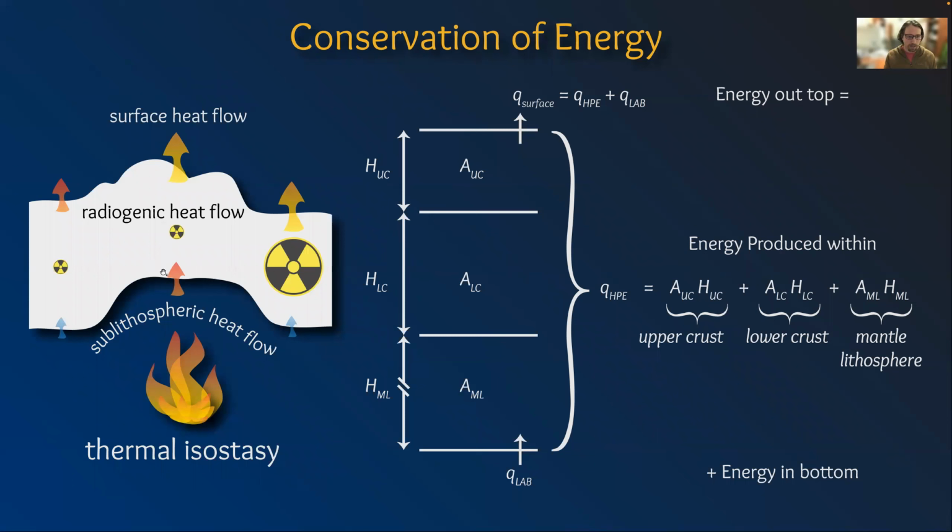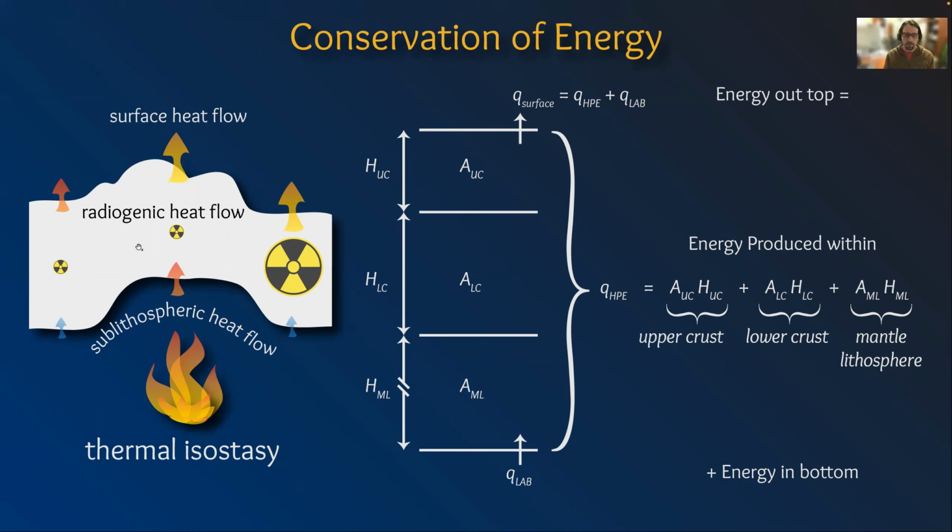Now, depending on whether you have high or low radiogenic heat flow, you can change the surface heat flow, but you can also say have difference in sublithospheric heat flow here that responds in terms of elevation.